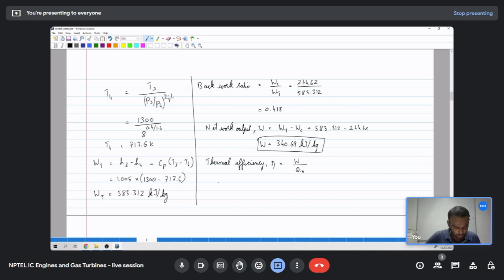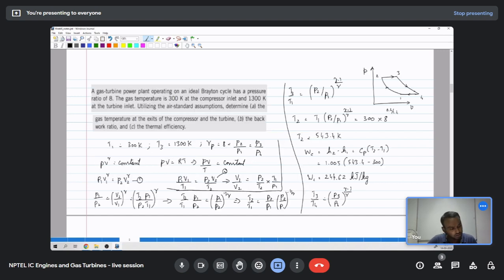So Q in is the enthalpy difference between states 3 and 2, that is Cp times (T3 minus T2). Cp is 1.005, T3 is given as 1300 Kelvin, and T2 we have calculated as 543.4.